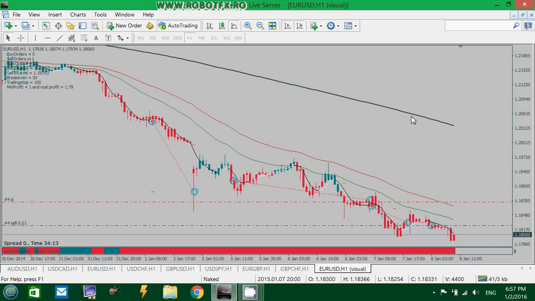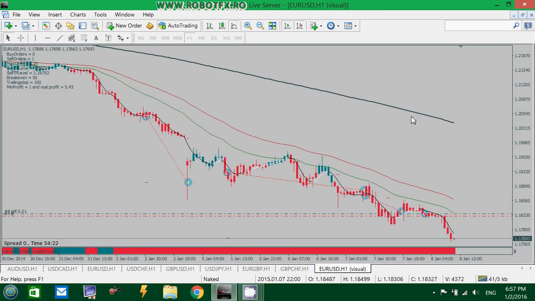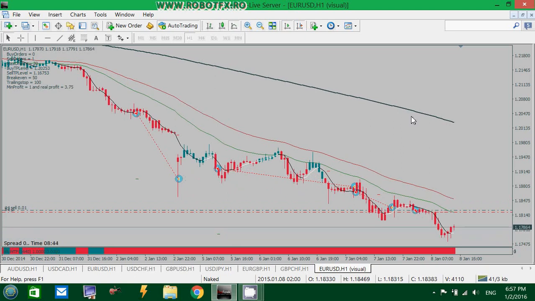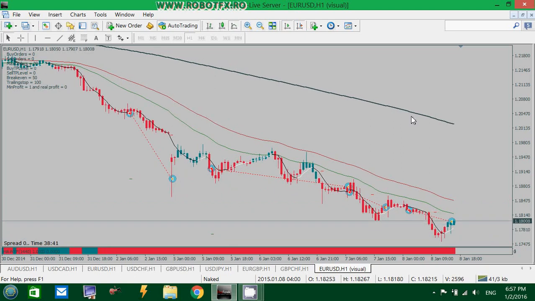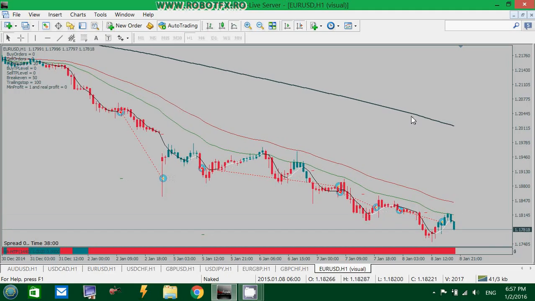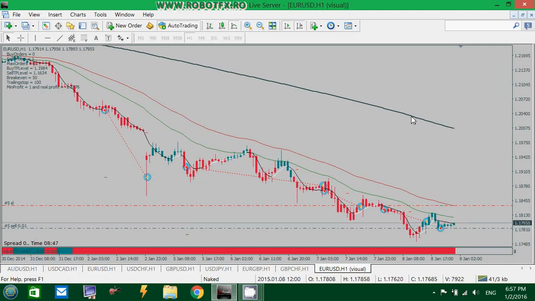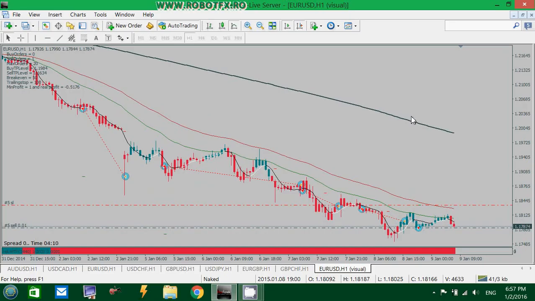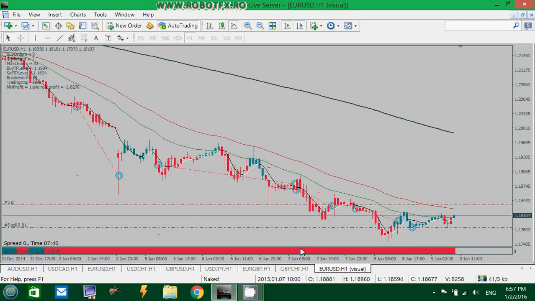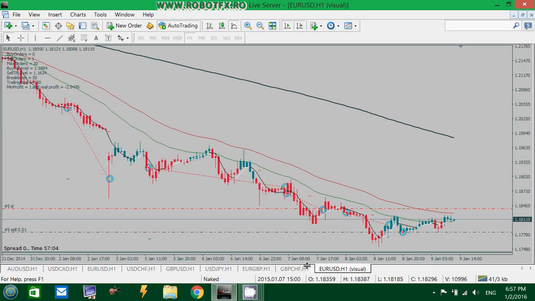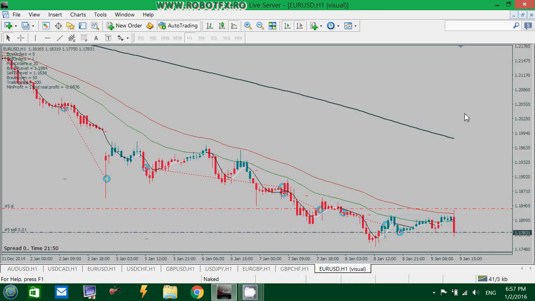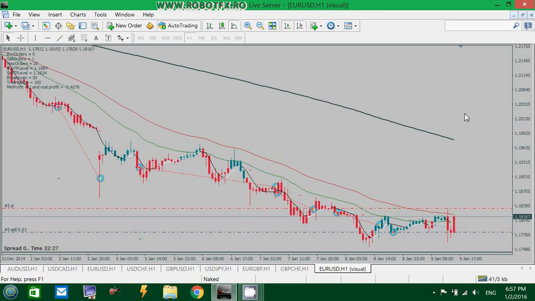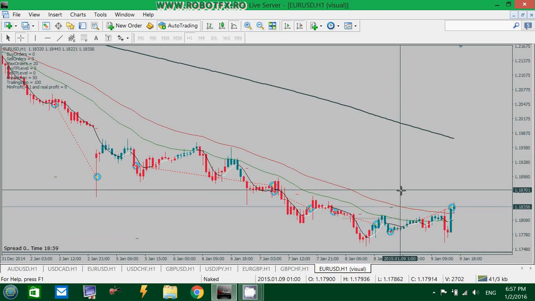Looks like January 2015 was a great month to trade, or at least to trade like this, or to trade using the RobotFX Fluid Expert Advisor. We don't need this indicator. And we lost one trade.